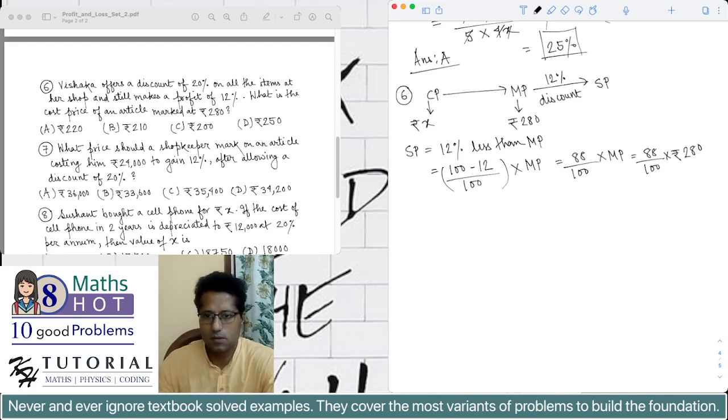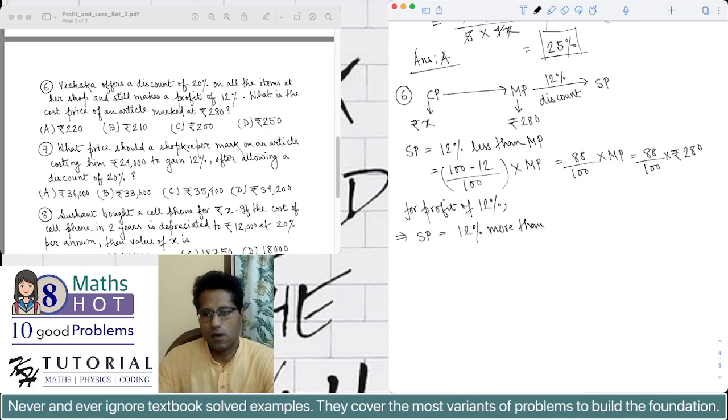Okay, let it be like this. So this is the selling price, and it is given that there is an overall profit of 12%. A profit of 12% will imply that the selling price will be equal to 12% more than the cost price, which we have assumed to be x.